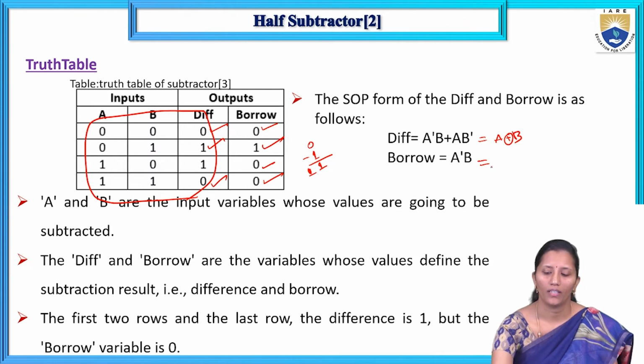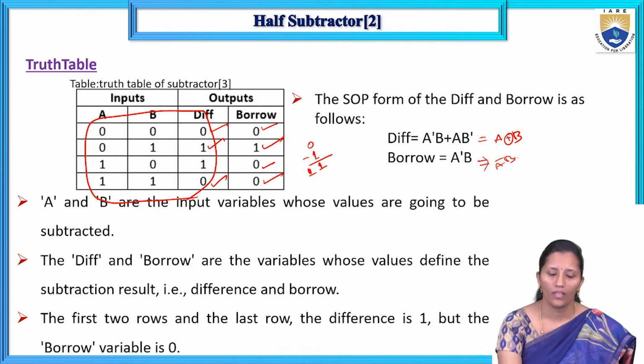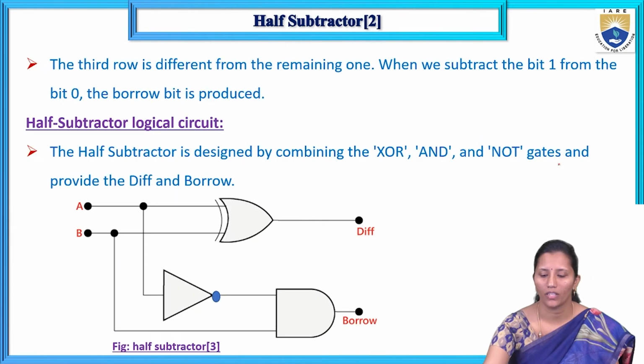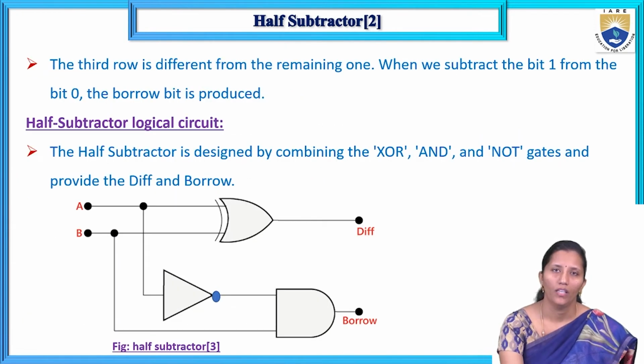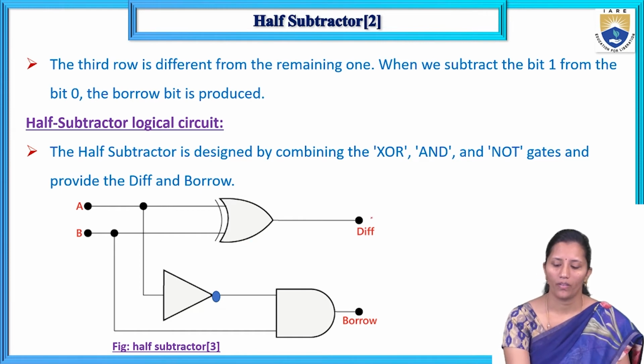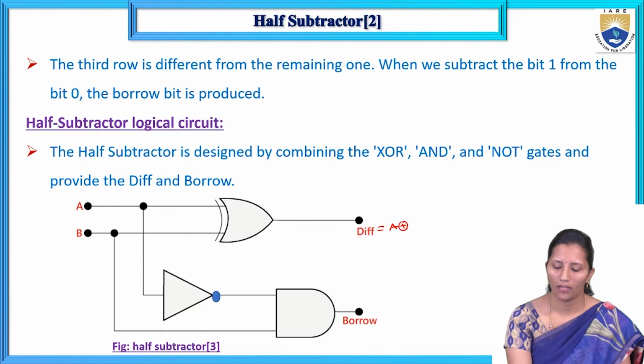So we can write that as A bar B. Okay, so here we know the equations of difference and borrow. Using these equations, we have to draw the logic circuit for the half subtractor. Here the difference is A XOR B, so A and B are given to the XOR gate and we get A XOR B. But the borrow is A bar B.